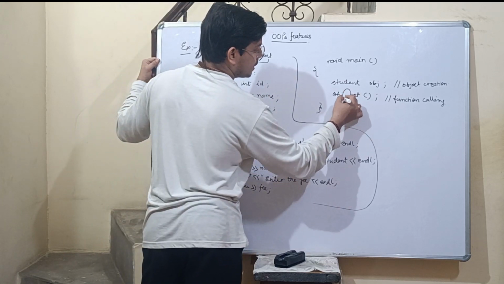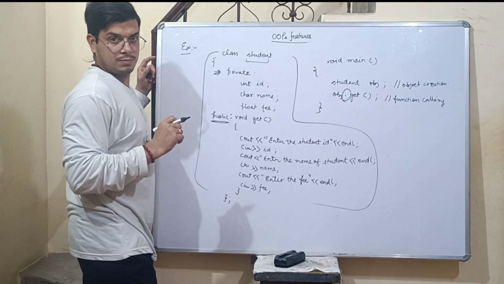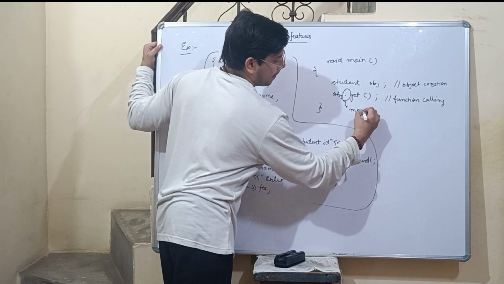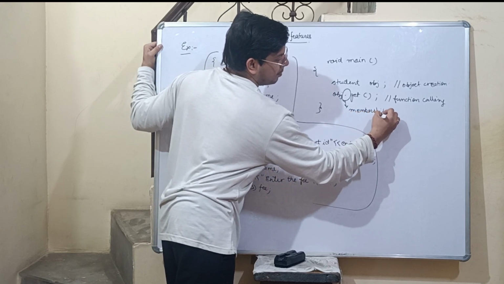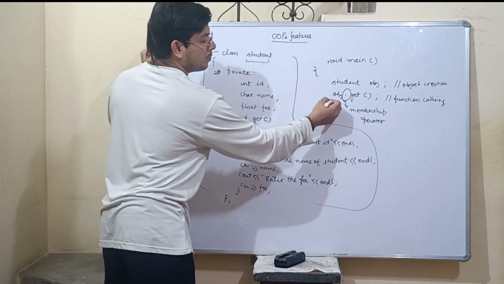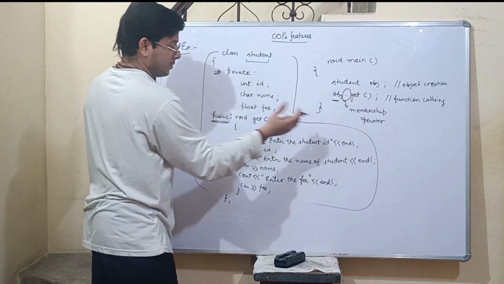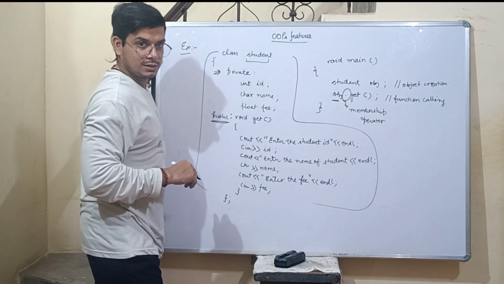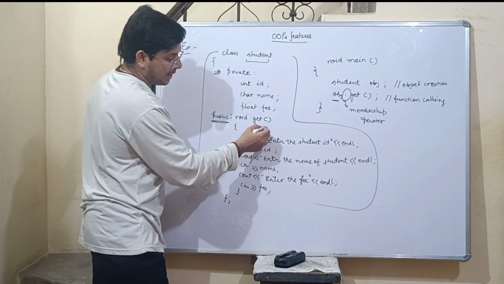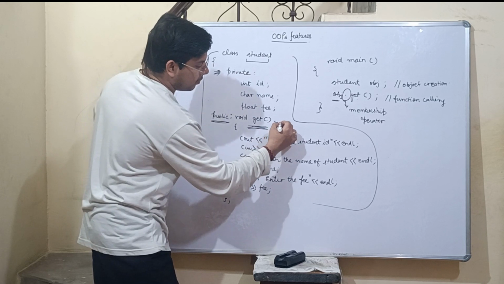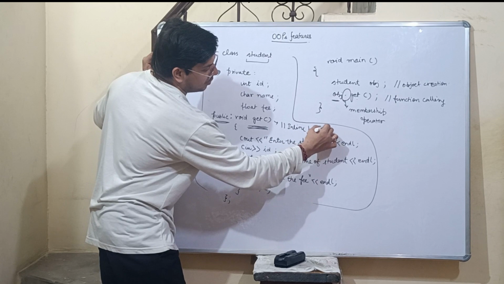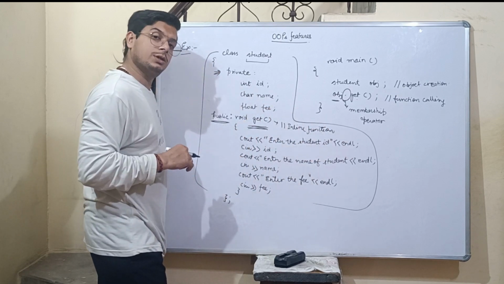What is the meaning of this dot? This dot is called the membership operator. The membership operator allows this object to access the get function which is declared inside the class. The second most important thing: the functions which are declared inside the class are also called inline functions.